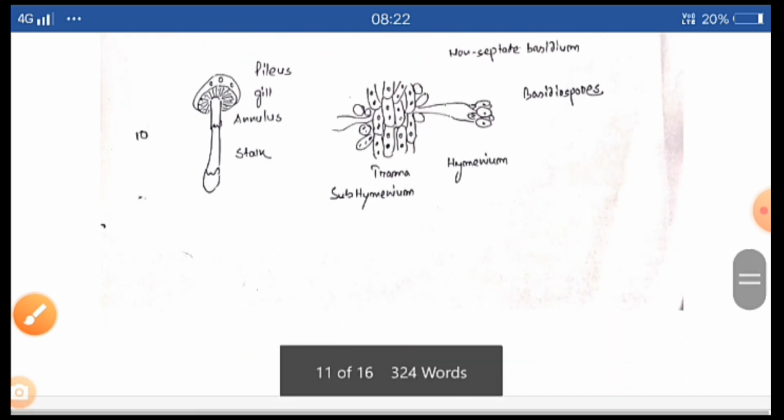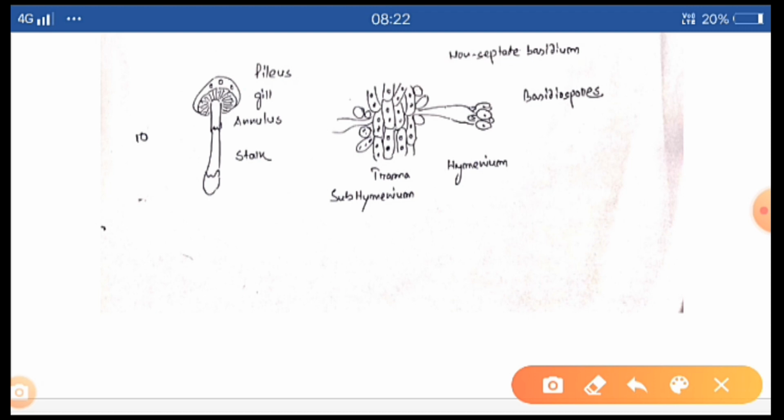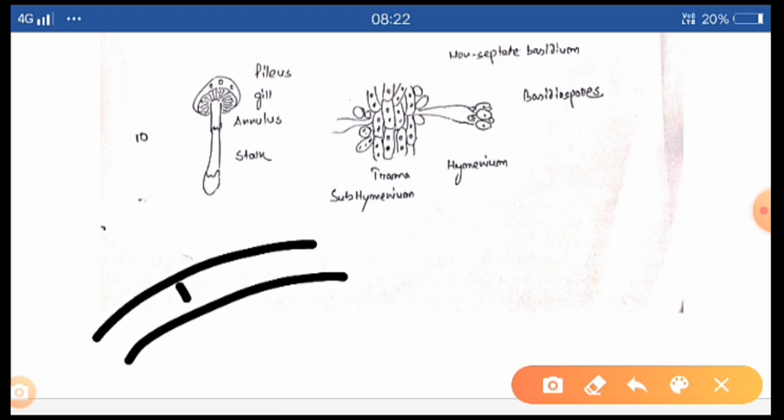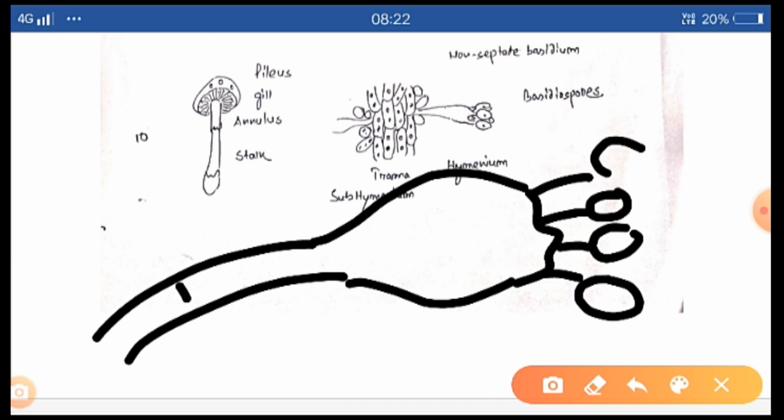Let us study this one. This one is the fruit body of Agaricus. Here the mycelia is septate and the apex of the hyphae is converted into basidium, and on the outside of the basidium a definite number of basidiospores are formed.